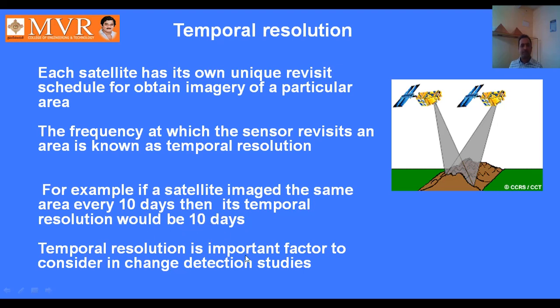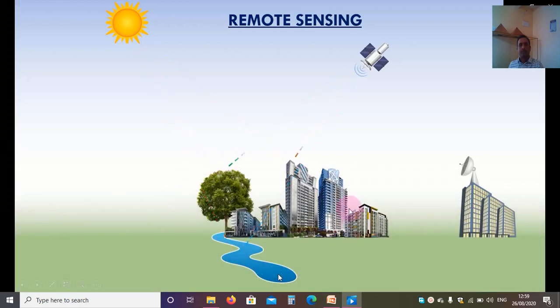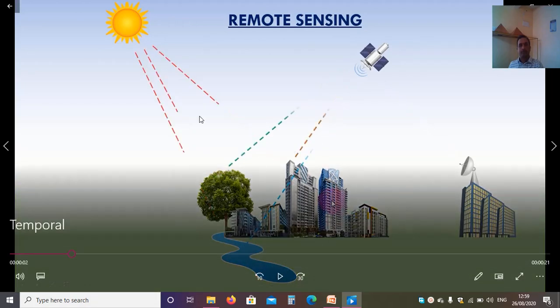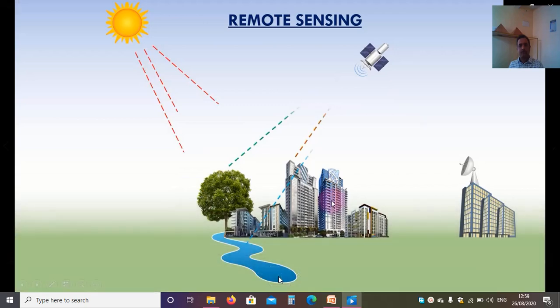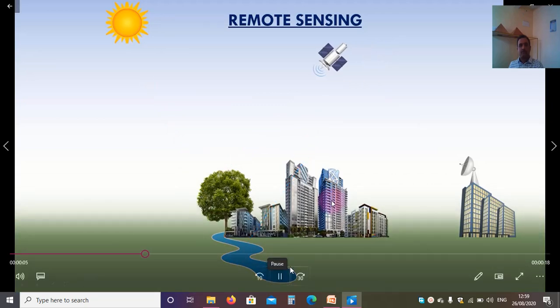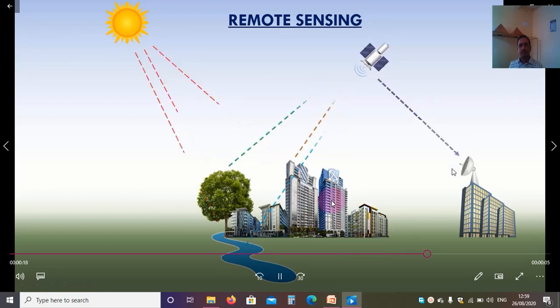So, temporal resolution is an important factor for change detection studies. For example, this is the sensor. This is the sun radiation incident on the earth surface. Then it is reflected from the earth surface. Then it comes along the flight direction and captures the reflected radiation, and sends it to the processing station.